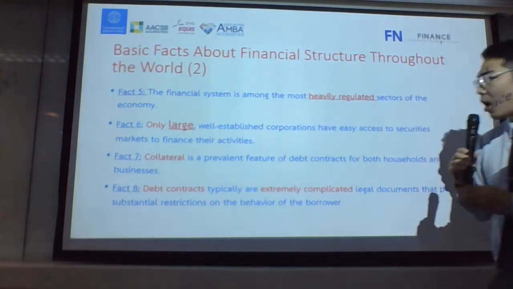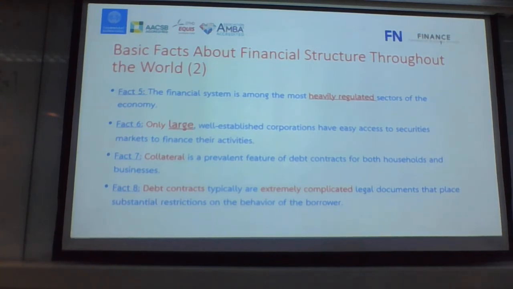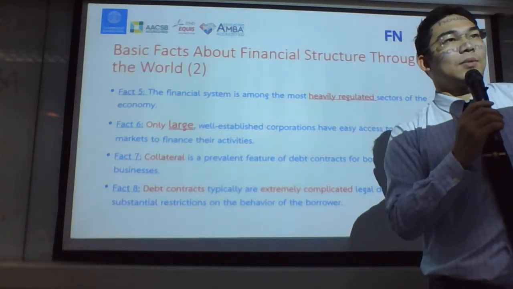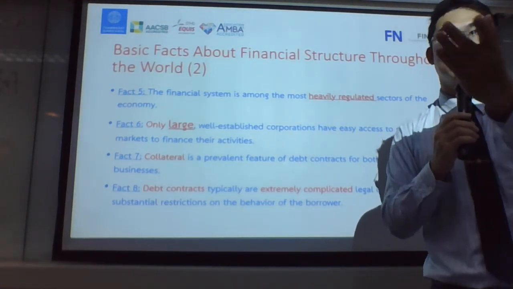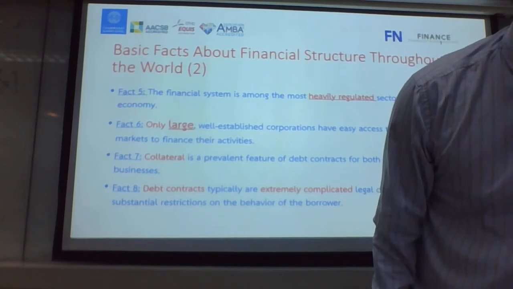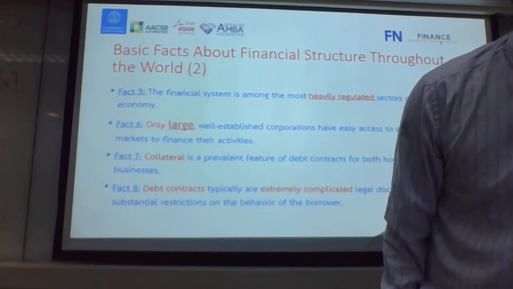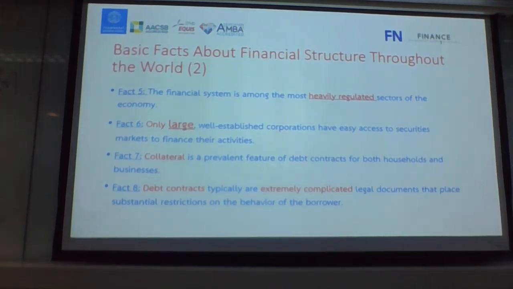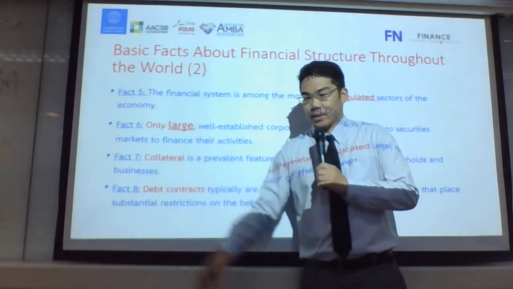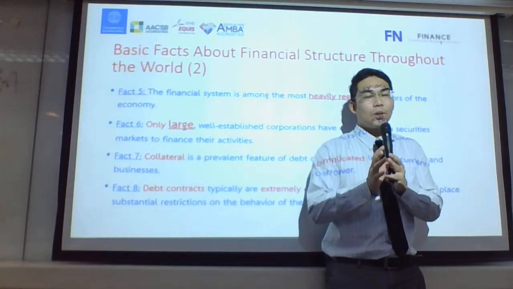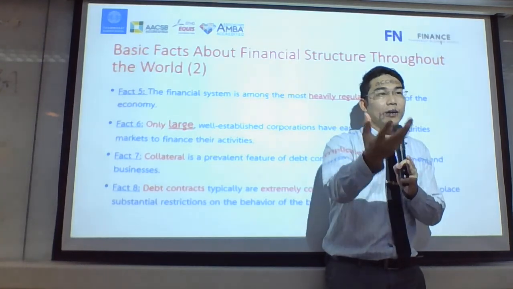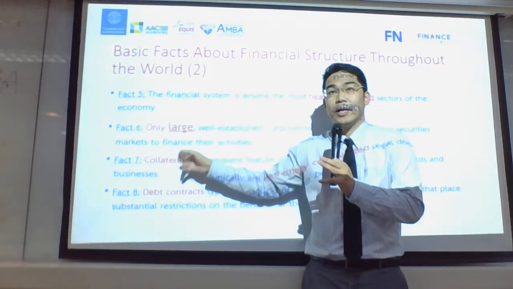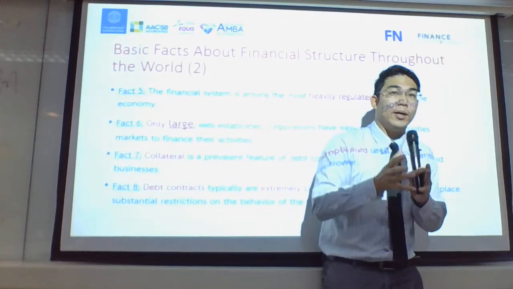Fact number 7: collateral is a feature in the debt contract. What is collateral? Collateral is something that, when you cannot pay back your money to the lender, the lender will take the collateral instead of your money.